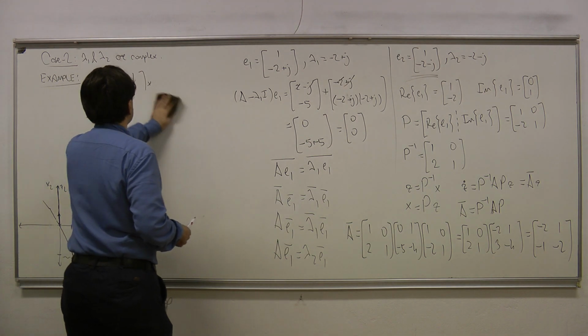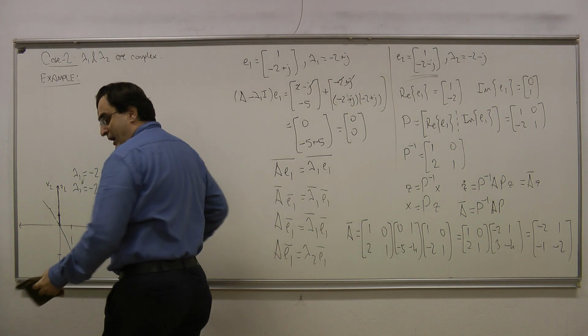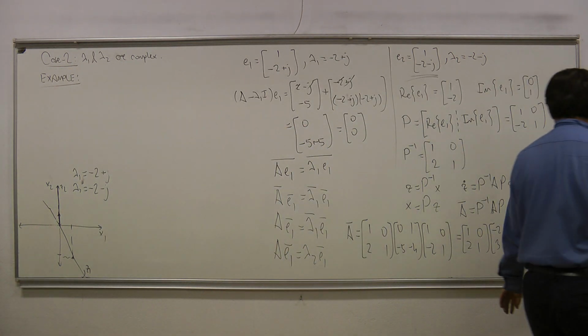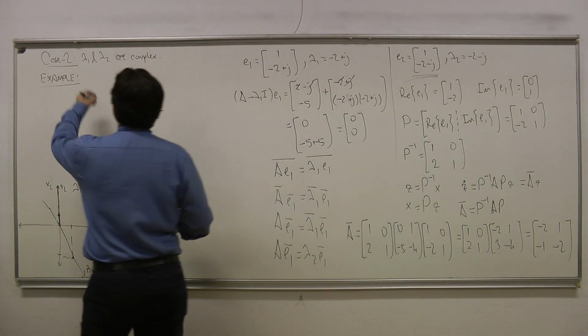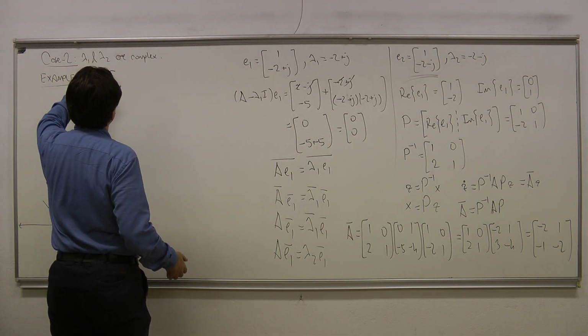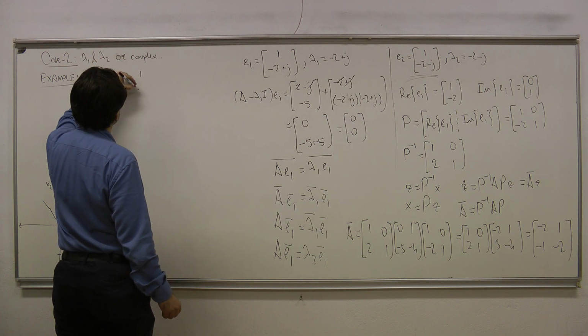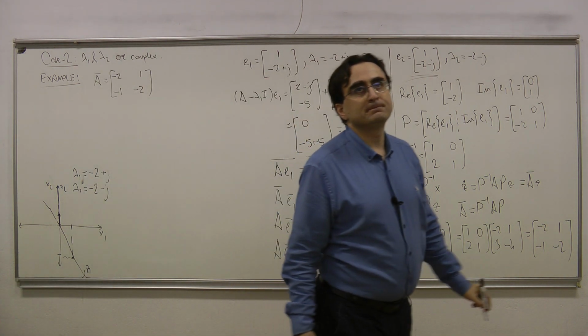So now I can actually write you the general case. So that A bar matrix is not really an arbitrary matrix here, you see. The new A bar matrix that we have found is -2, 1, -1, and -2.